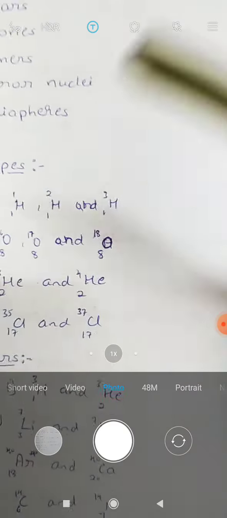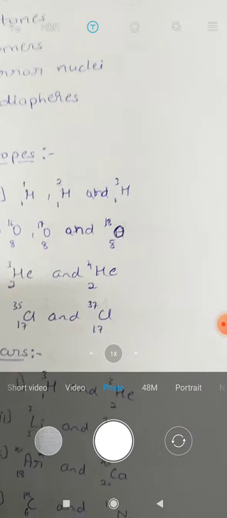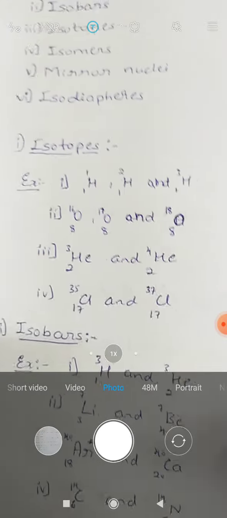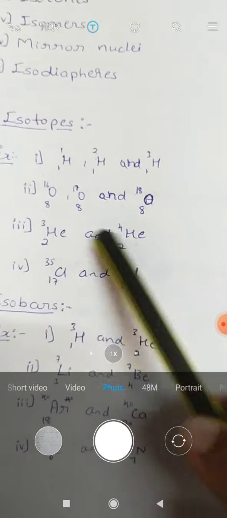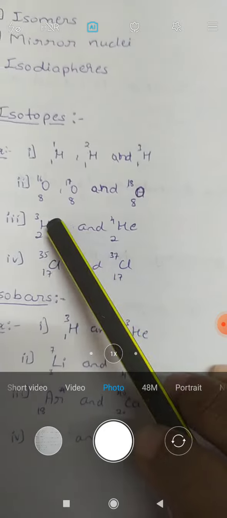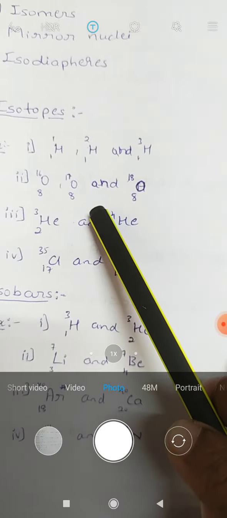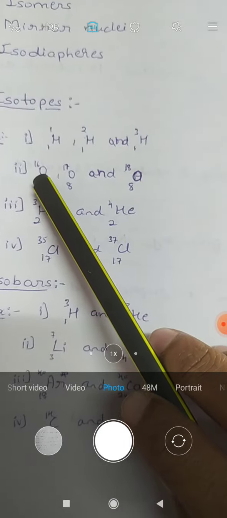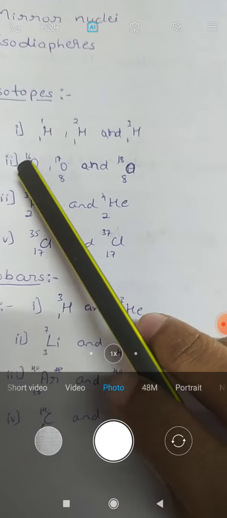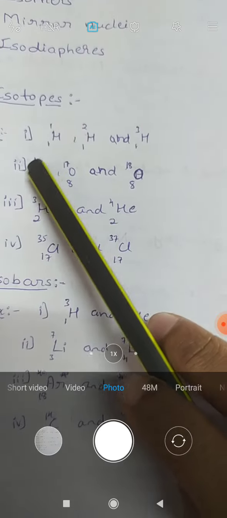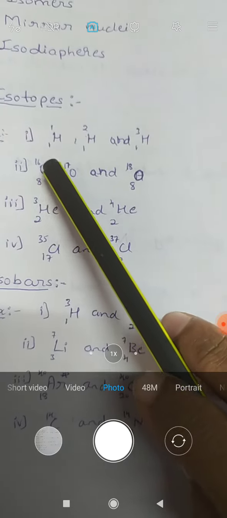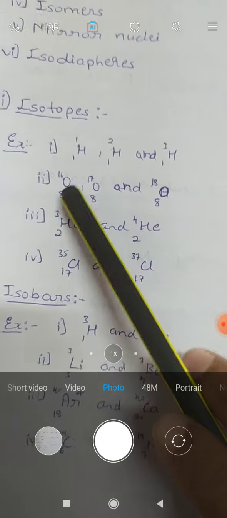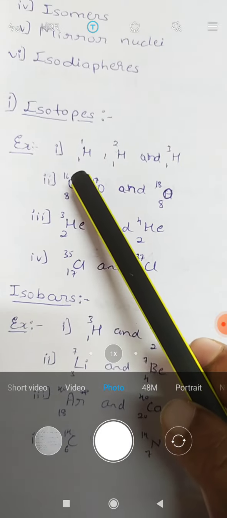Next, in the case of the oxygen atom, its atomic number is 8, which is fixed. That means the atomic number is the number of protons in the oxygen atom. In the first case, its mass number is 16, and 16 means 8 plus 8, so it consists of 8 protons and 8 neutrons.